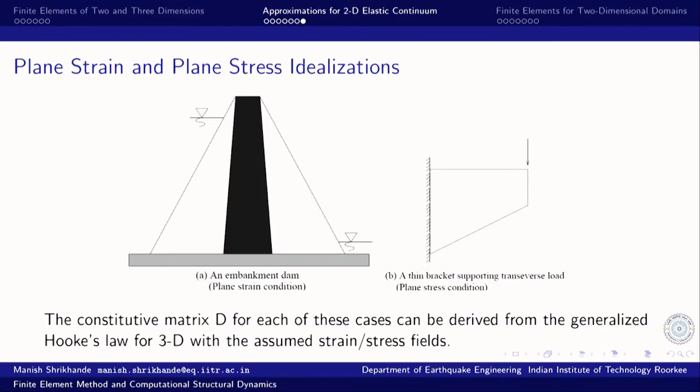Compared to this plane strain, this is the cantilever bracket problem that is very common in industrial setups. We can see that it is a very thin kind of structure, with very small thickness, and it is taking an in-plane load.